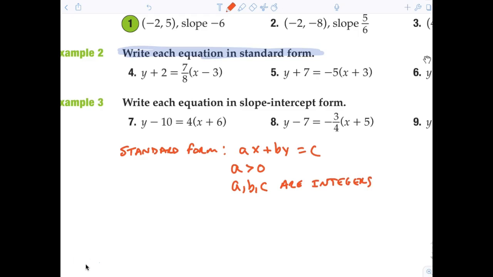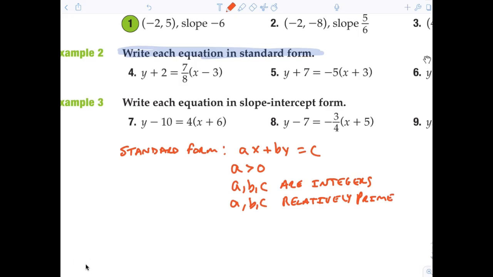And basically that just means there's no decimals or fractions involved. Everybody with me? And then the next thing is A, B, and C must be relatively prime. And you'll know what that means. You may have forgotten, but you know what that means.